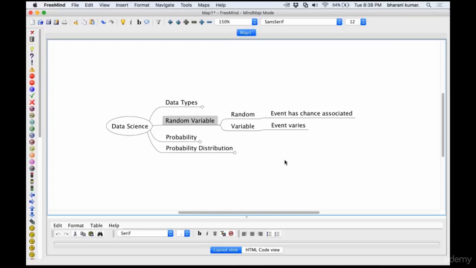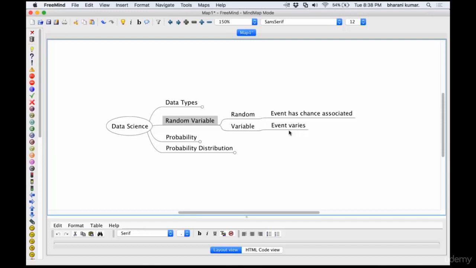Random variable has two components. One is random, another is variable. Variable means any event that can take multiple values. For example, if you flip a coin, you can either get a head or a tail. If you roll a die, you can get a 1 or a 2 or a 3 or a 4 or a 5 or a 6. If the event or the output varies, it is called variable.